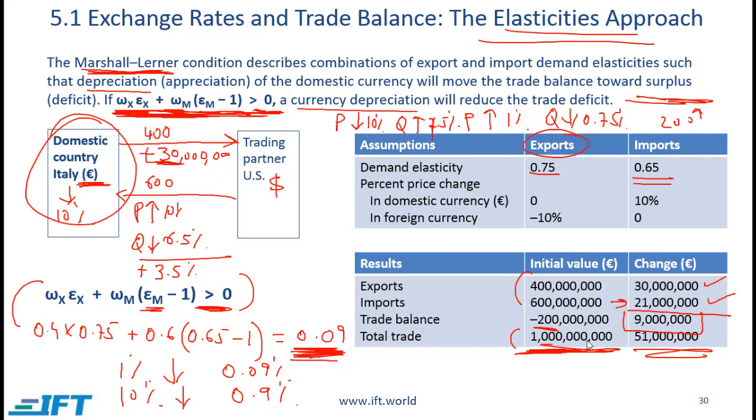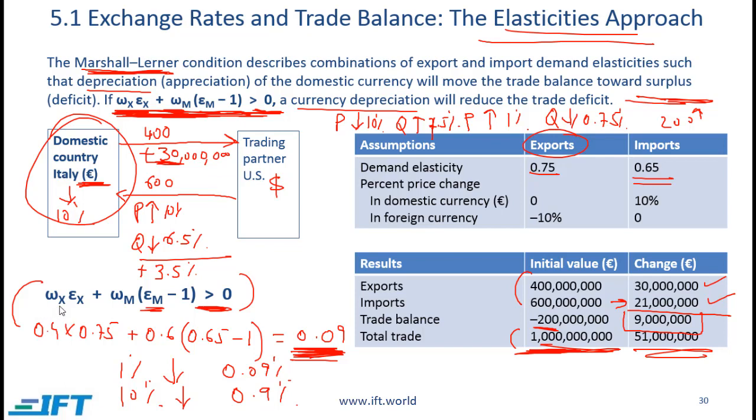And I hope you recognize what is going on over here. Behind all this somewhat complicated looking calculation, the basic idea is straightforward. The impact on the trade surplus or deficit depends on the elasticities of the imports and exports.